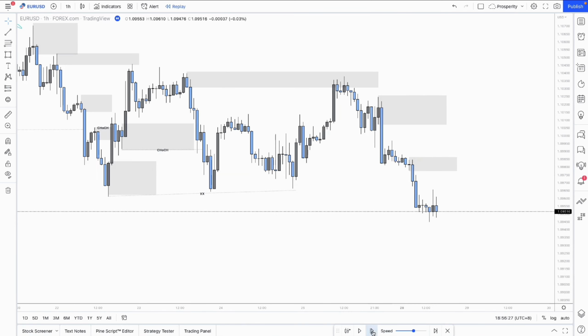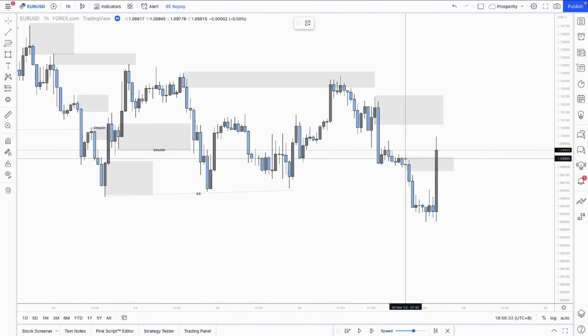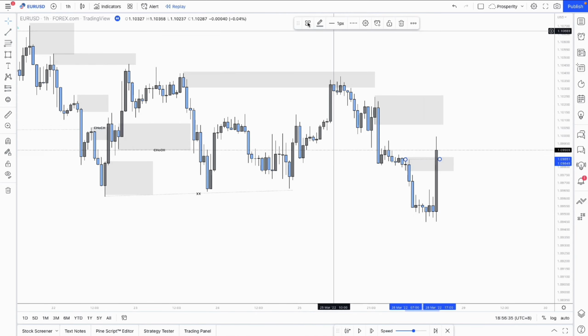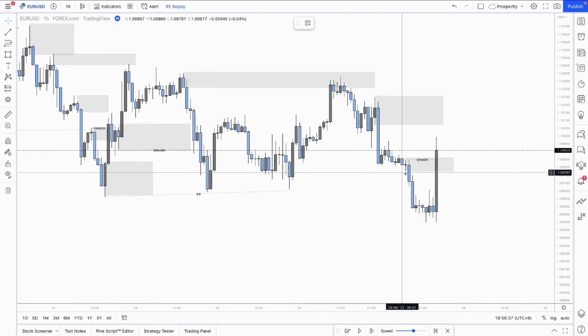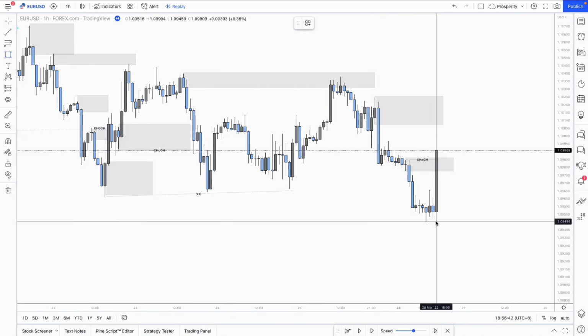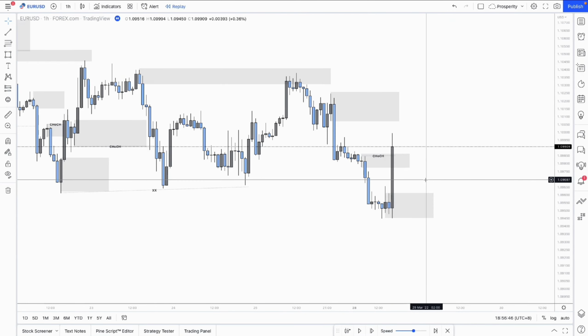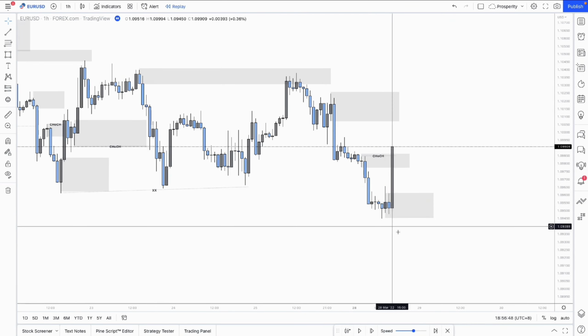And if we just play price, you will see that that is a what? Change of character. Why? Because the supply level that has just put in a newly formed low has been broken, and that has left behind a demand level. Now, could we trade that?